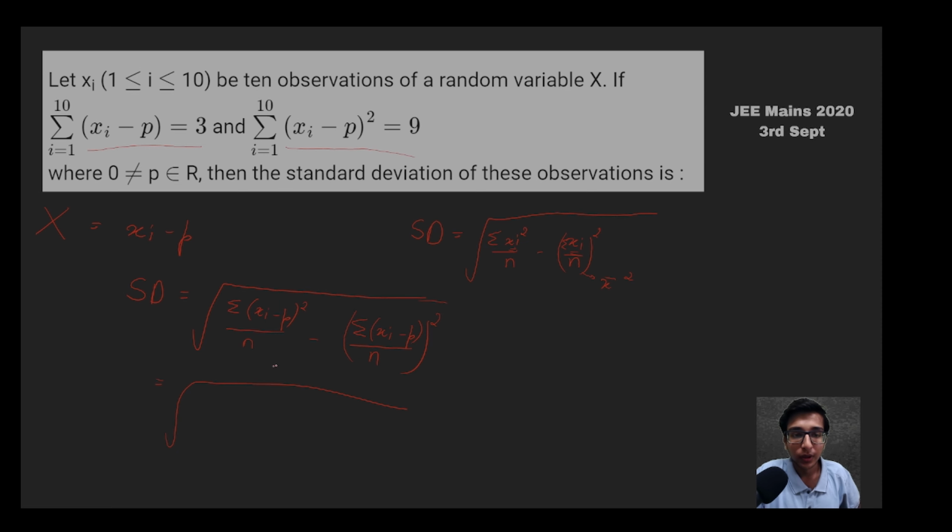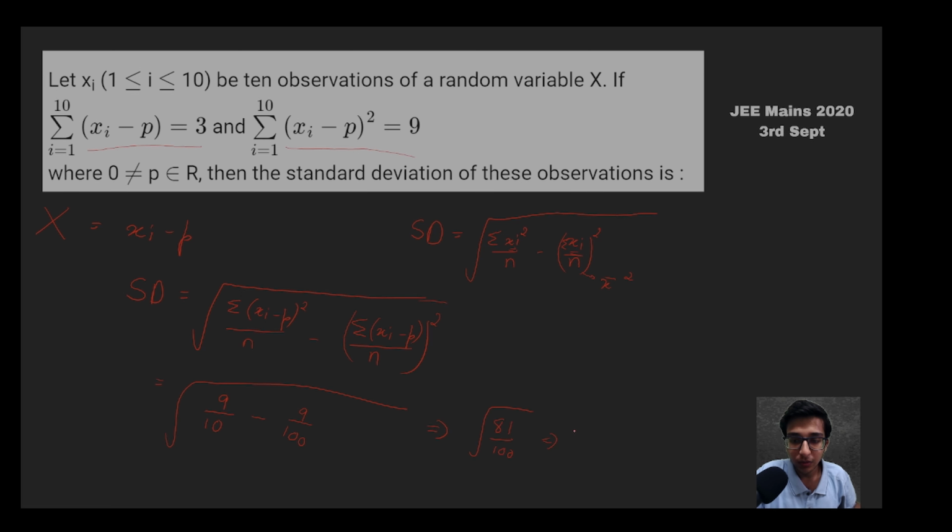You just need to substitute the values. Summation xi minus p whole square is 9 and the number of observations given to us is 10, minus summation xi minus p, which is 3, by 10, and squaring this we would get 9 by 100. So from here we would get the value to be root under 81 by 100.